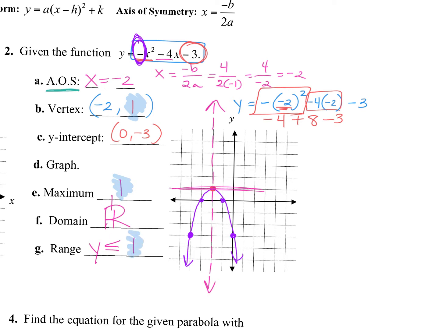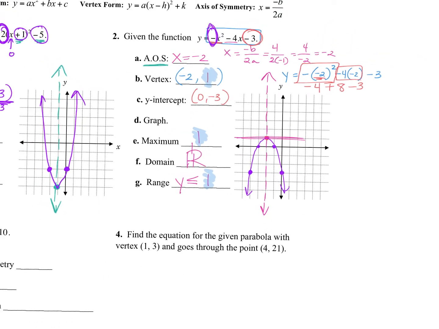So range, max or min, and vertex, the Y value of your vertex, those are all the same number. Okay? Jada. So the vertex, the Y-intercept, and what else needs to be? The 3 highlighted ones, the vertex, the maximum, and the range. So those are all the ones I have to do. They're all the same number. Whatever you found as your Y value of your vertex will be your max or min, and it will be your range number. Questions on that?